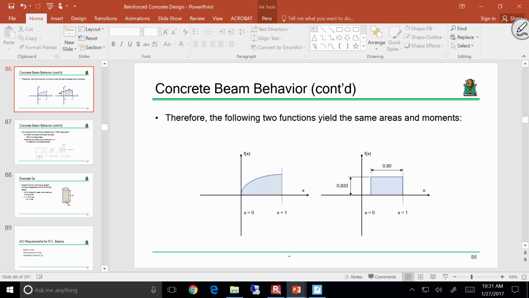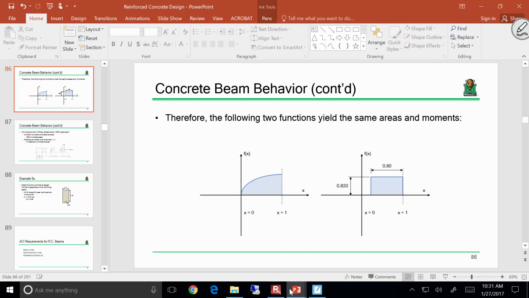Does that make sense? The easiest way to say it is because this didn't touch the neutral axis over here. I propose that if it did, it'd be a tough time coming up with a region that had the same area and the same moment, because you'd only have one variable, the height, but you'd have two unknowns. That's a good question. Everybody good?